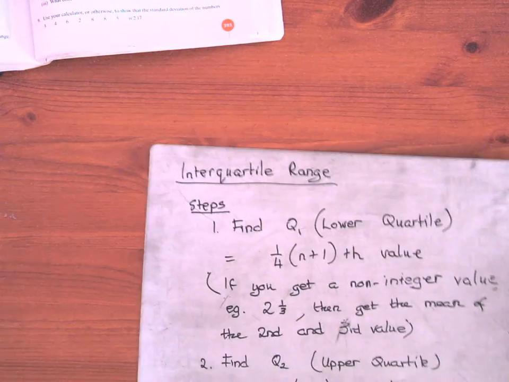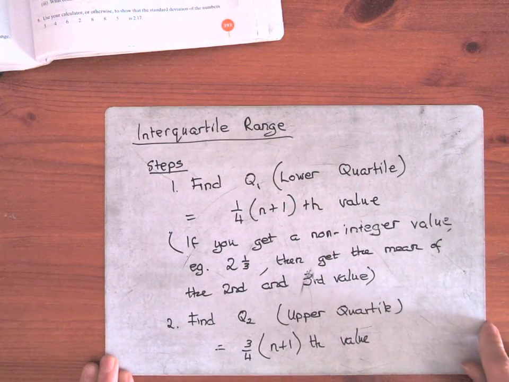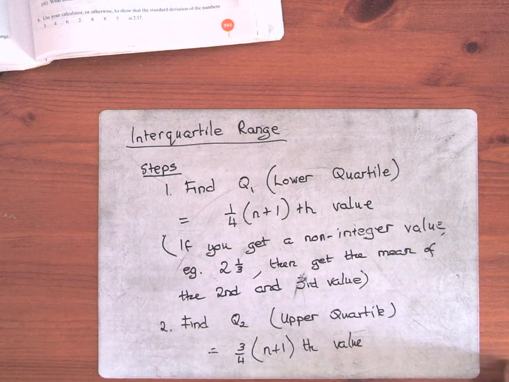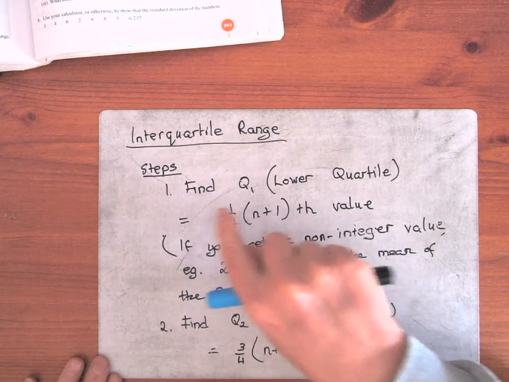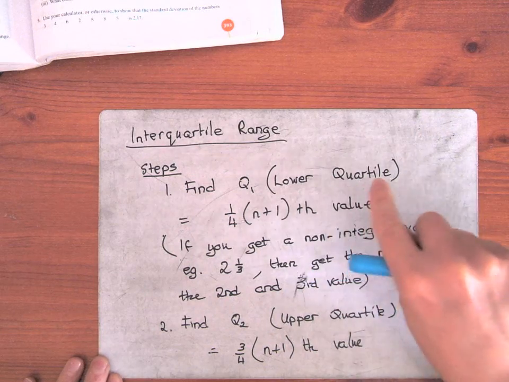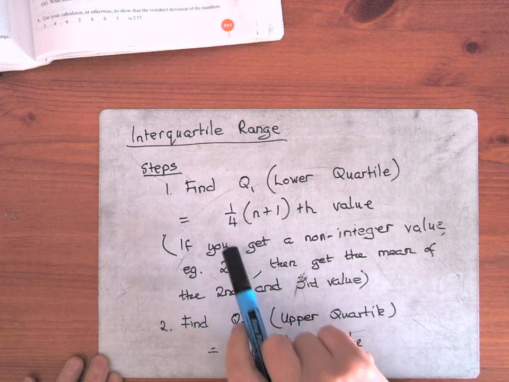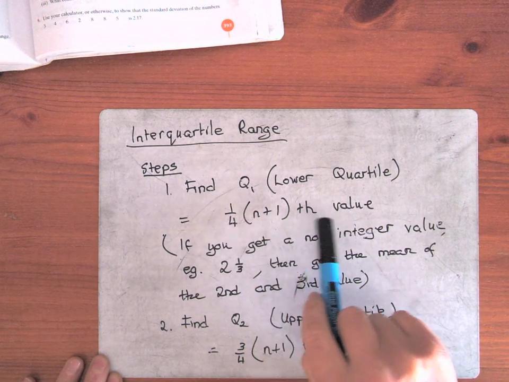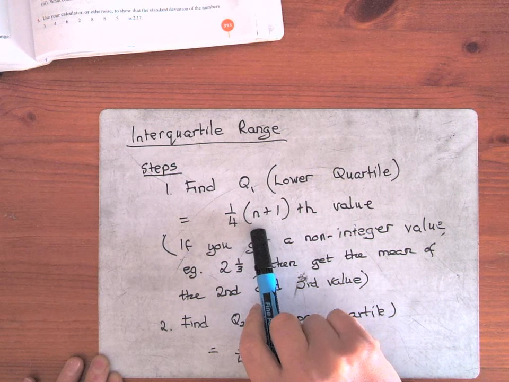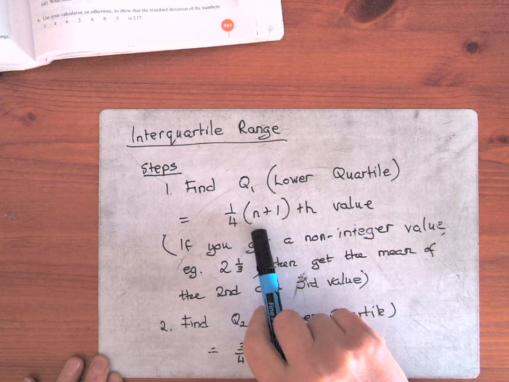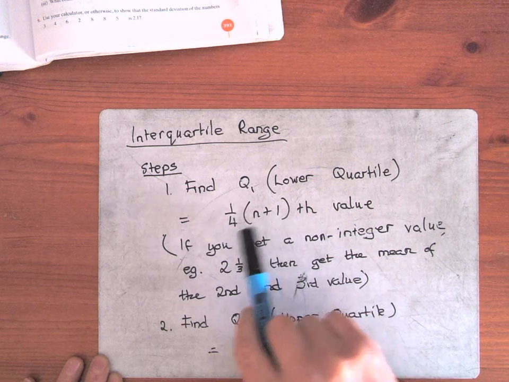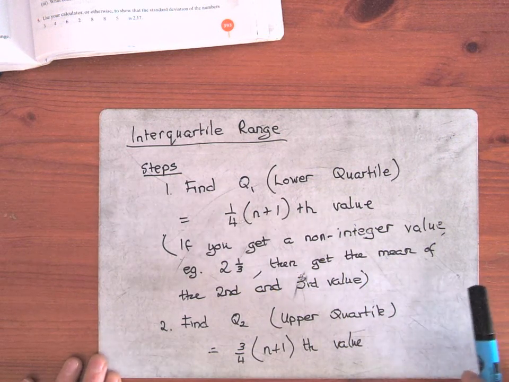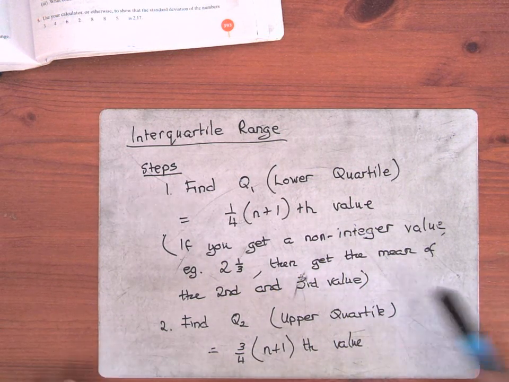The second one is the interquartile range. We did this in Junior Cert, but I'm going to give you a formula for it now. You have to find quartile 1, which is the lower quartile. It's a quarter times the (n plus 1)th value, where n is the number of items in the list. You add 1 to that and get a quarter of it. If it turns out to be 3, then it's the third number in the list.